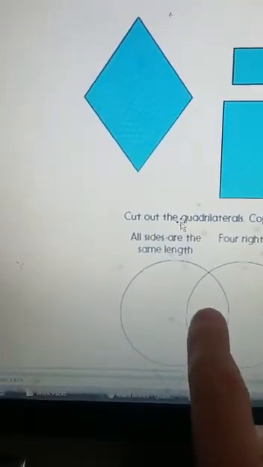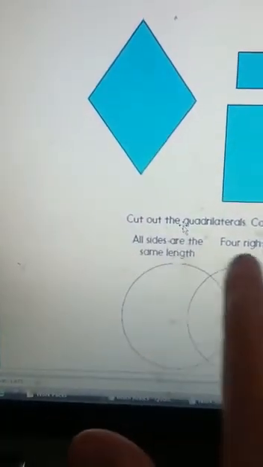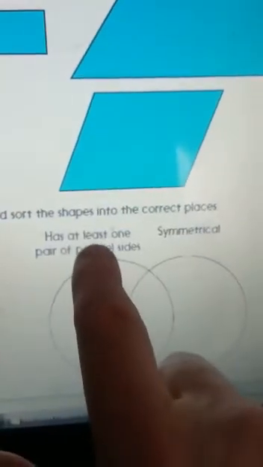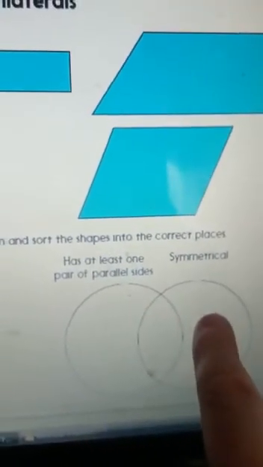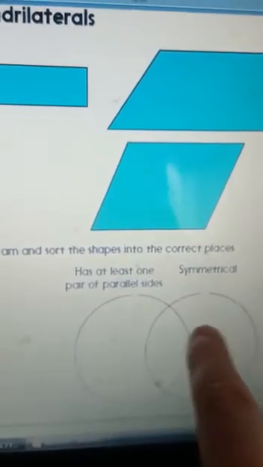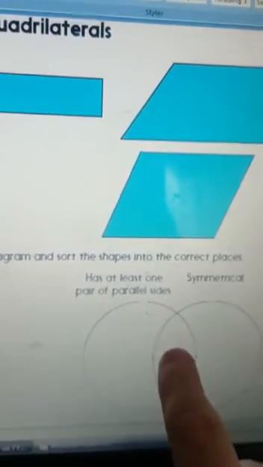So what goes in the middle is a shape that has both criteria. And for this one, has at least 1 pair of parallel sides, and over here they are in some way symmetrical. In the middle is a shape that can have both of those properties.